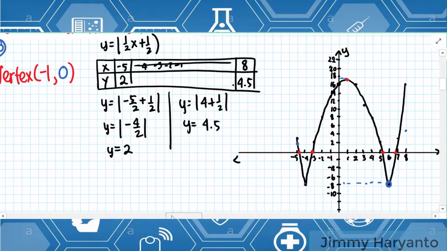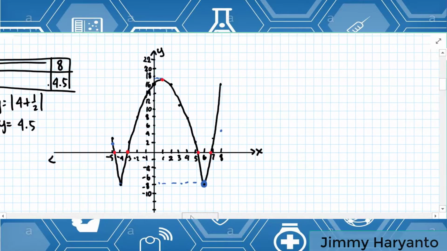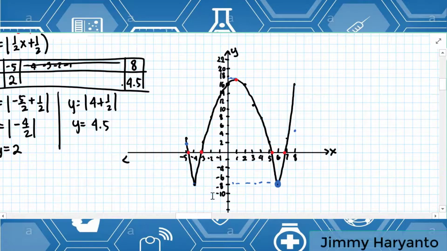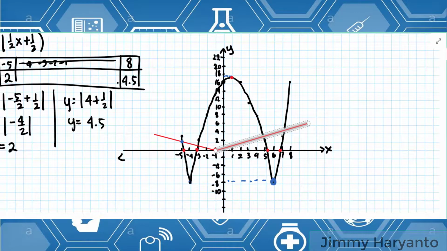And then we have the vertex negative 1, 0. Negative 1, 0 is right here. And then you only have to connect the dots with a line, this line, and then the other one is this line.